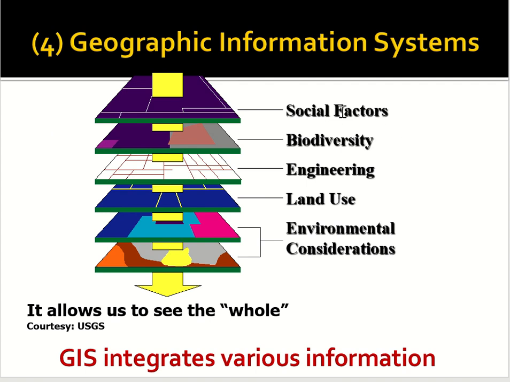Certain variables might change a lot over time, others might be fixed. The other thing to remember is not just the layers, but essentially this arrow, and the arrow hitting the layers at the same correct point. And what I mean there is it's referenced. It's referenced to the same location.